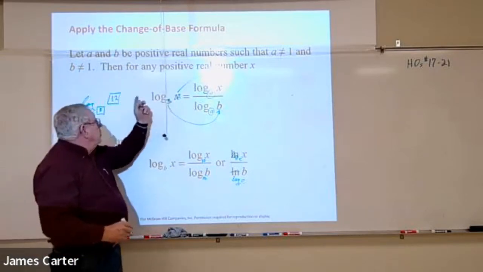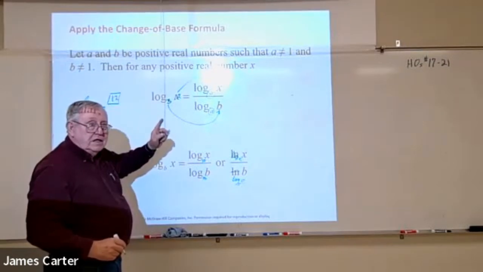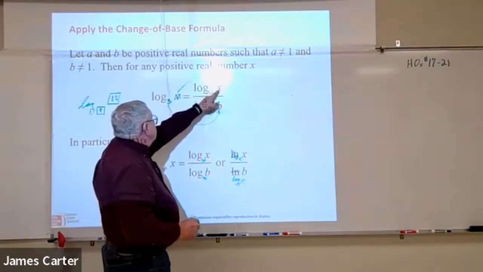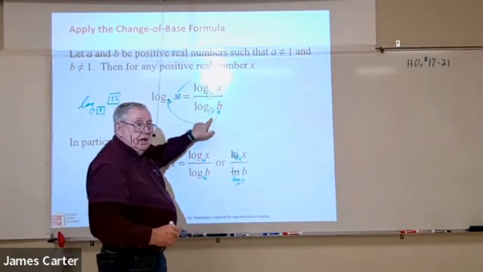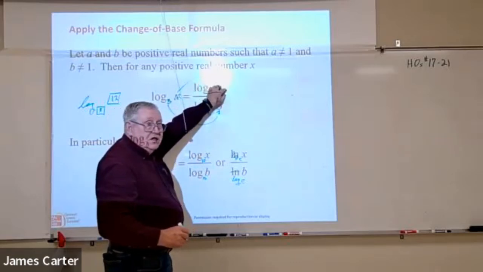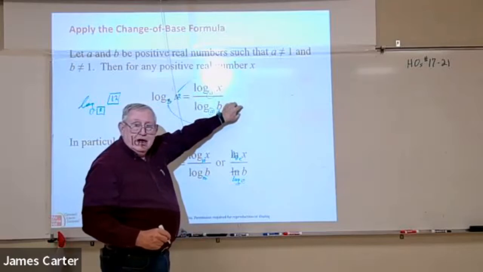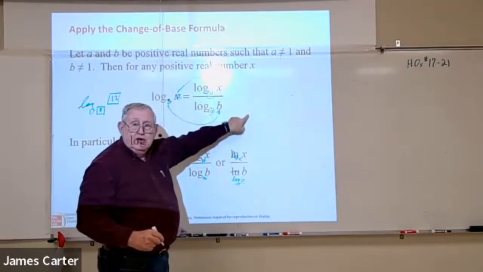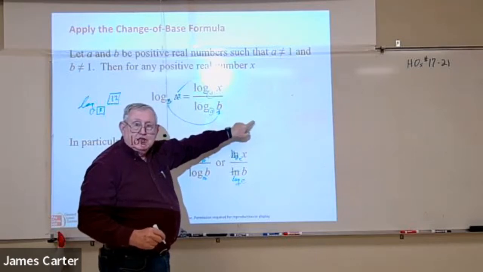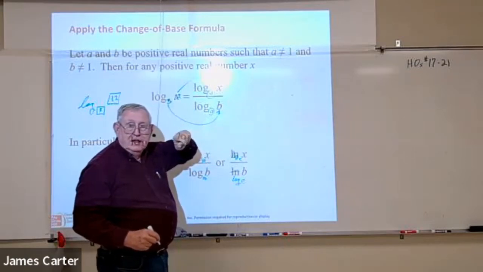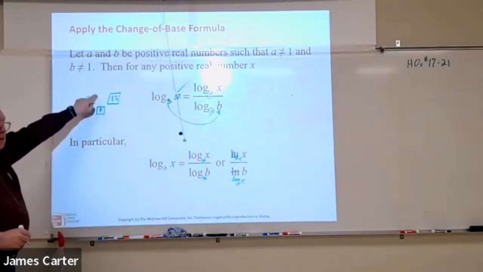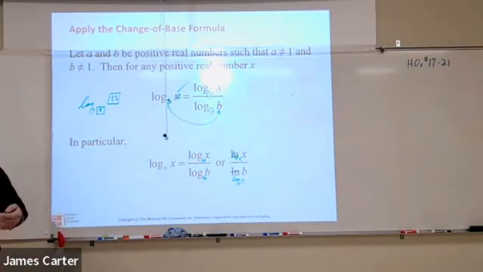Now, if you don't have a calculator with that key, you got to do this and you got to do this. Then you got to evaluate this and get a number, and evaluate this and get a number, then divide those two numbers. 4 extra steps that this will do in one. So believe me, it's worth the $17 to $20.